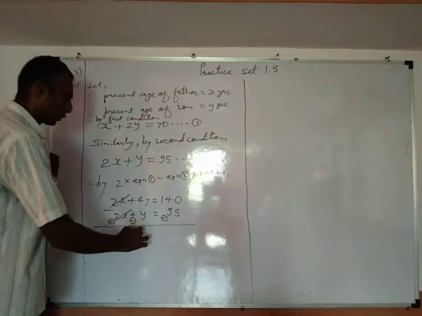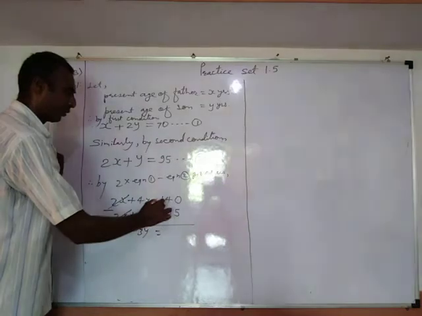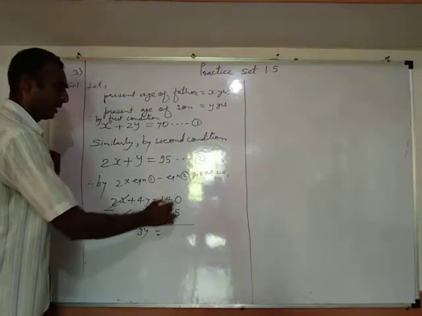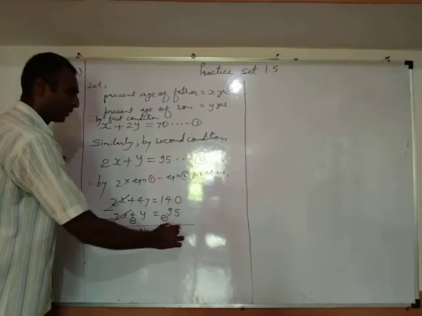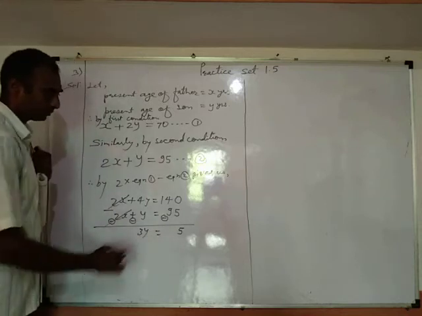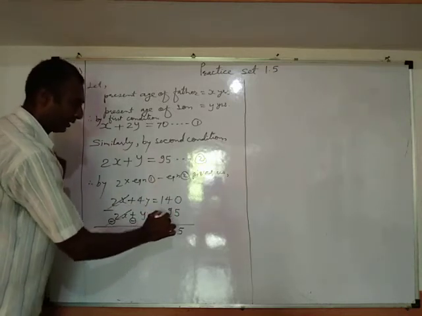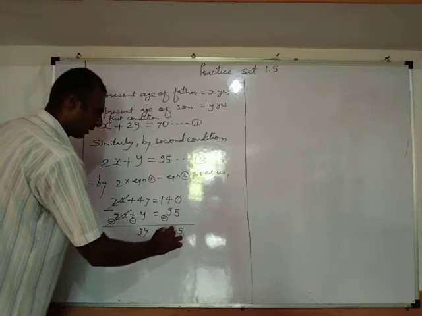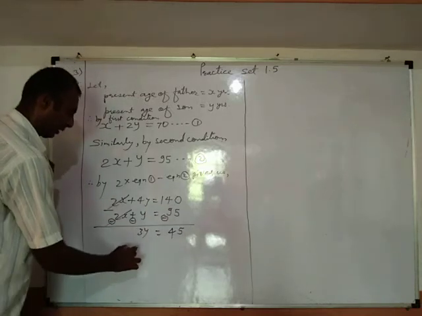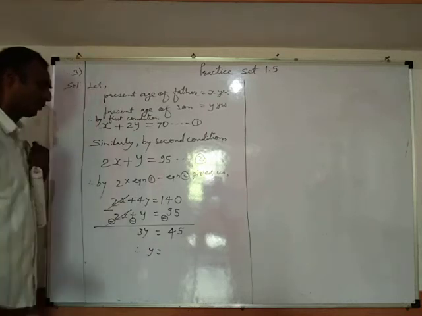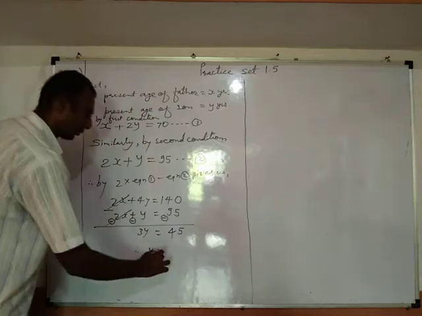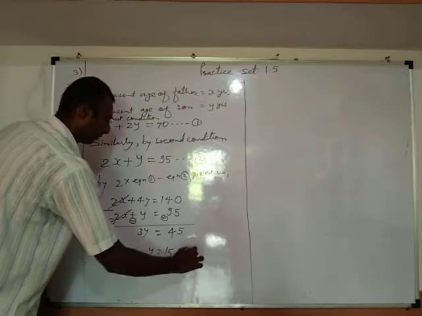4y minus y gives us 3y, and 140 minus 95. 10 minus 5 gives us 5. Then 13 minus 9. 13 minus 9 is nothing but 4. Therefore y equals 45 upon 3. Therefore y equals 15.